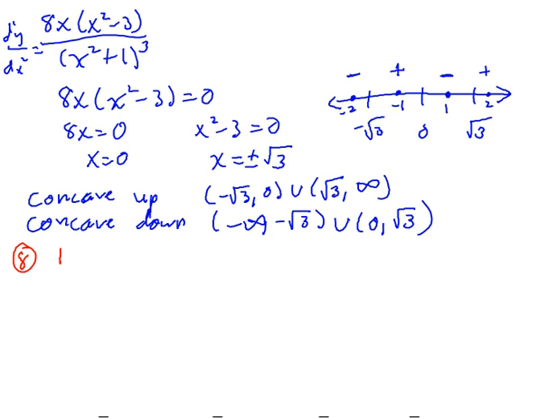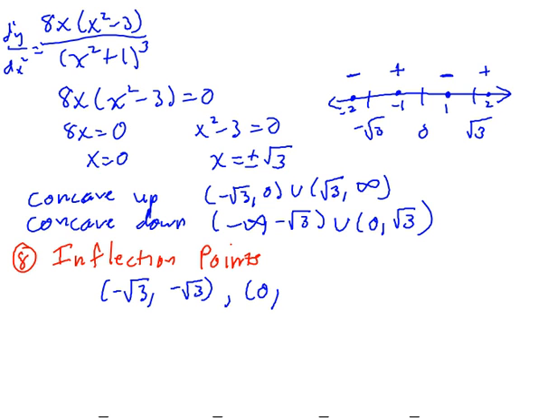To find our inflection points, those occur when x is negative square root of 3, 0, and square root of 3. If we plug in negative square root of 3 for x, what you get for y is also negative square root of 3. If we plug in 0, you get 0. And if you plug in square root of 3, you get square root of 3.